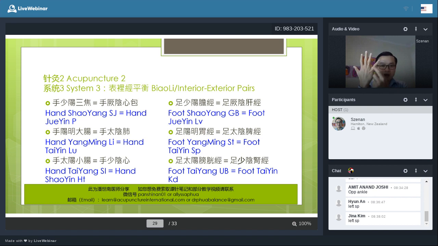The 太阳 meridian over here is the small intestine, right? What is the opposite one on the other side, on the yin aspect? Heart meridian. So heart and small intestine are in a 表里 relationship.